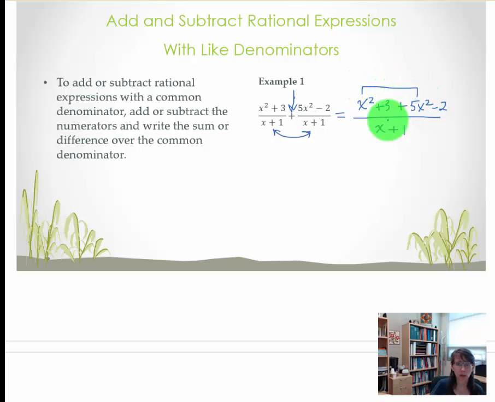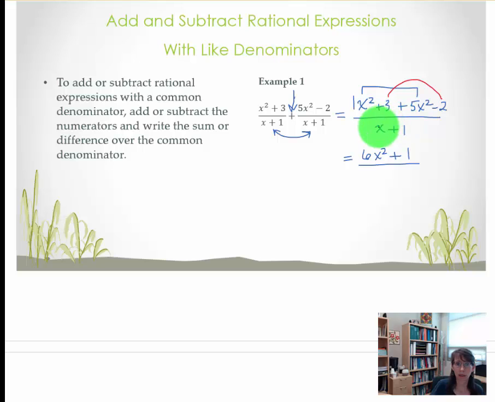I can see that I have some terms with x squared, and then I have some constant terms that need to be combined. So the first set of like terms I have is 1x squared, positive 5x squared. That's going to make 6x squared. 3 take away 2 would be plus 1.